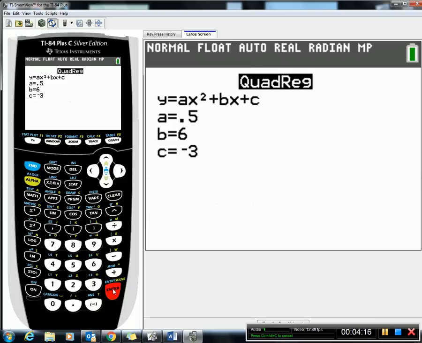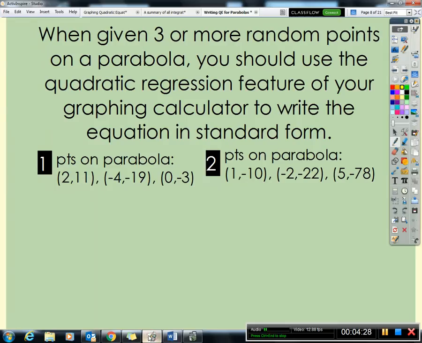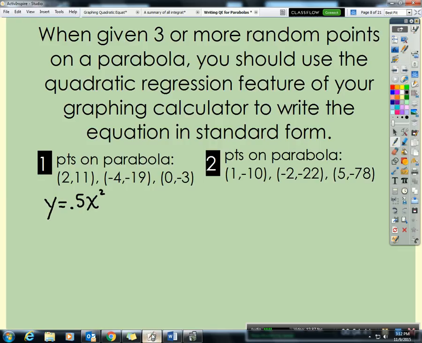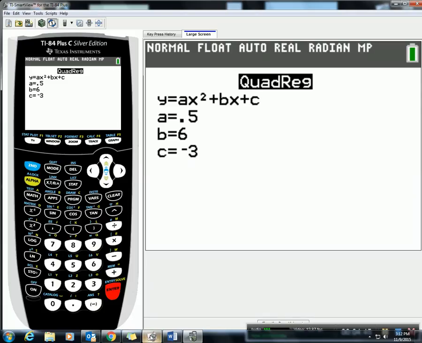So notice it's telling you that for y equals ax squared plus bx plus c, for a, plug in 0.5 or 1/2. So let me go right here and say y equals 0.5 or 1/2 x squared. B is 6. So I'm going to come back here and say plus 6x. And then it's telling you that c is -3.